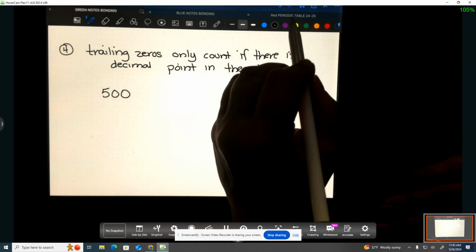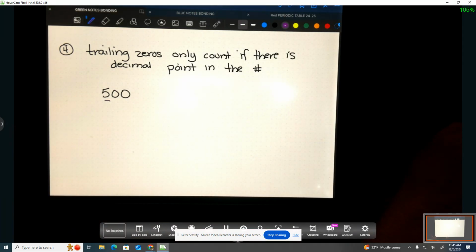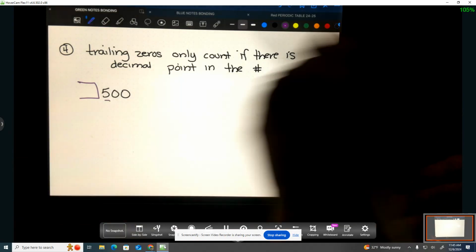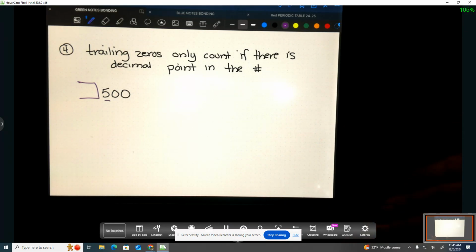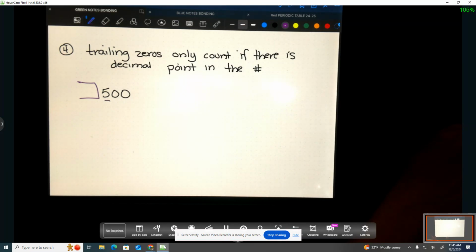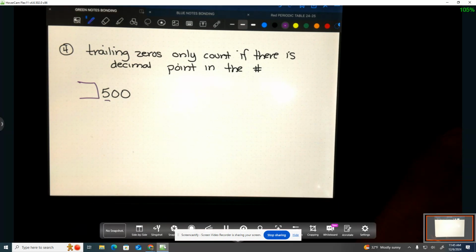Okay? Rule 1. 5 counts. There's nothing to the left, so I don't have to worry about that. There are no sandwiches, so I don't have to worry about that. The zeros at the end. Is there a decimal point in this number? No. Because there was no decimal point written, these 2 zeros do not count.